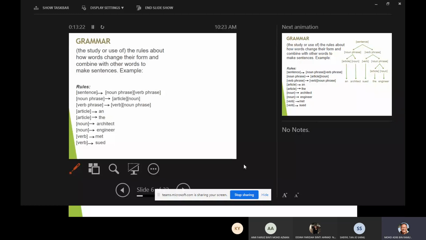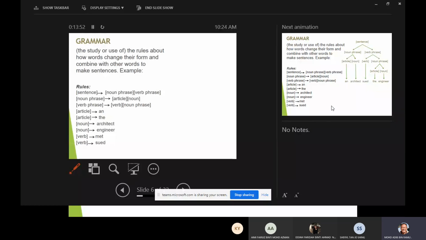Okay, so later on, if you refer to the top 3 rules, the rule to create a sentence, the rule to create a noun phrase, and the rule to create a verb phrase, all of them are actually using the 6 rules at the bottom. So basically you're just combining the article, the noun, the verbs, but in different ways.